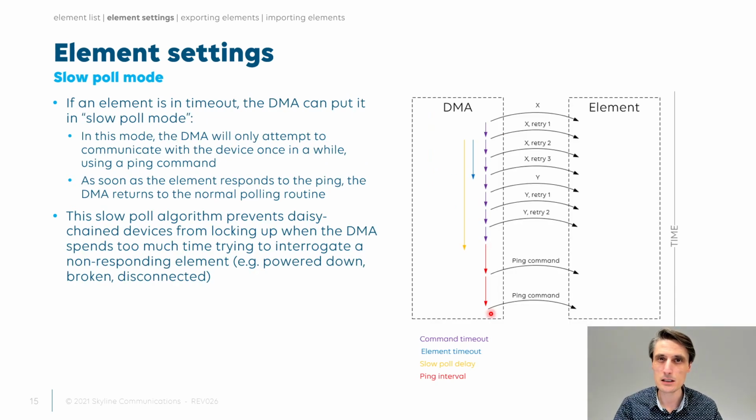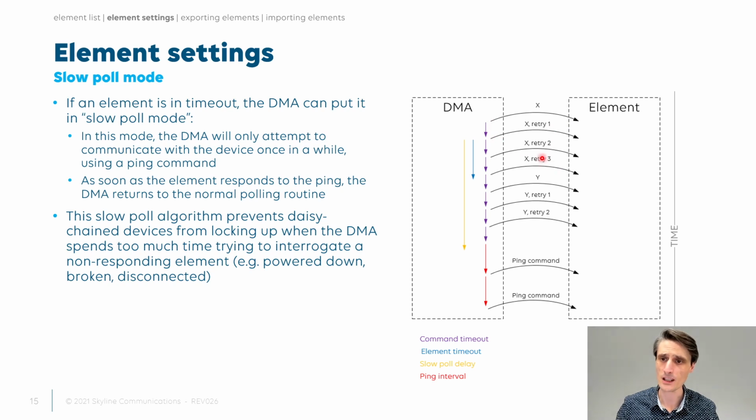To summarize the timeout settings we had: the DataMiner agent is sending a command X to the data source, and it's expecting back a result, but it does not get a result back. After 1500 milliseconds, it does a retry 1, a retry 2, retry 3, and then it goes on with the next command Y. The purple arrow is the command timeout of 1500 milliseconds we had before, with the 3 retries.